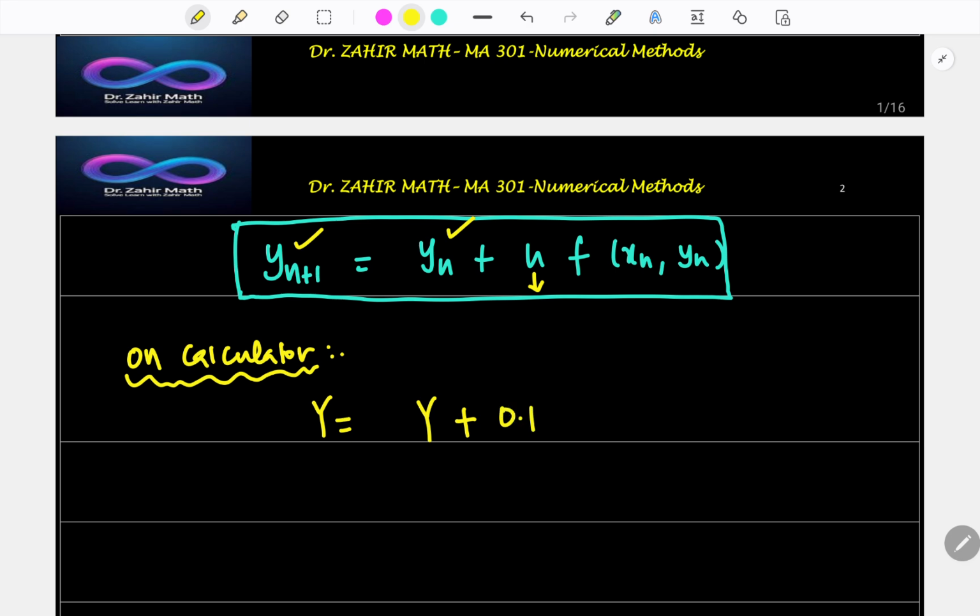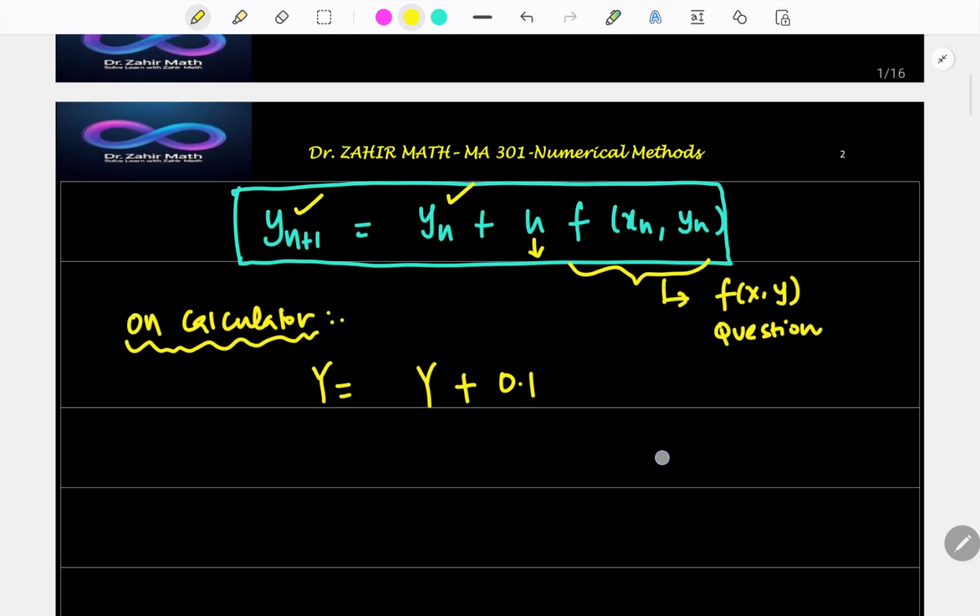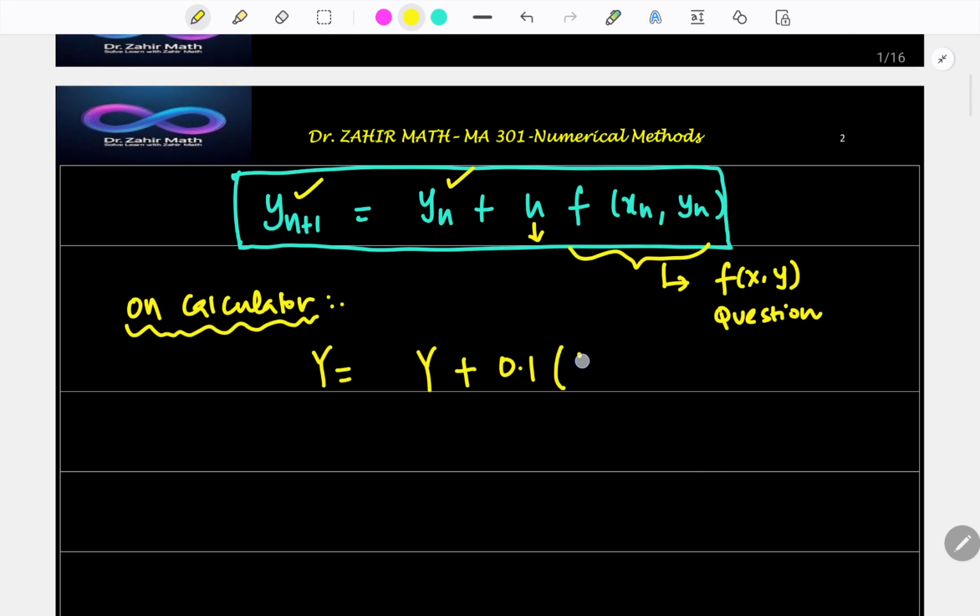So 0.1, right? Then f of x comma y. This is your function given in the question. The question has dy by dx, which you have to treat as f of x comma y. Don't forget. So this is your function, y square minus x. Open the bracket and then press y square minus x in the calculator.